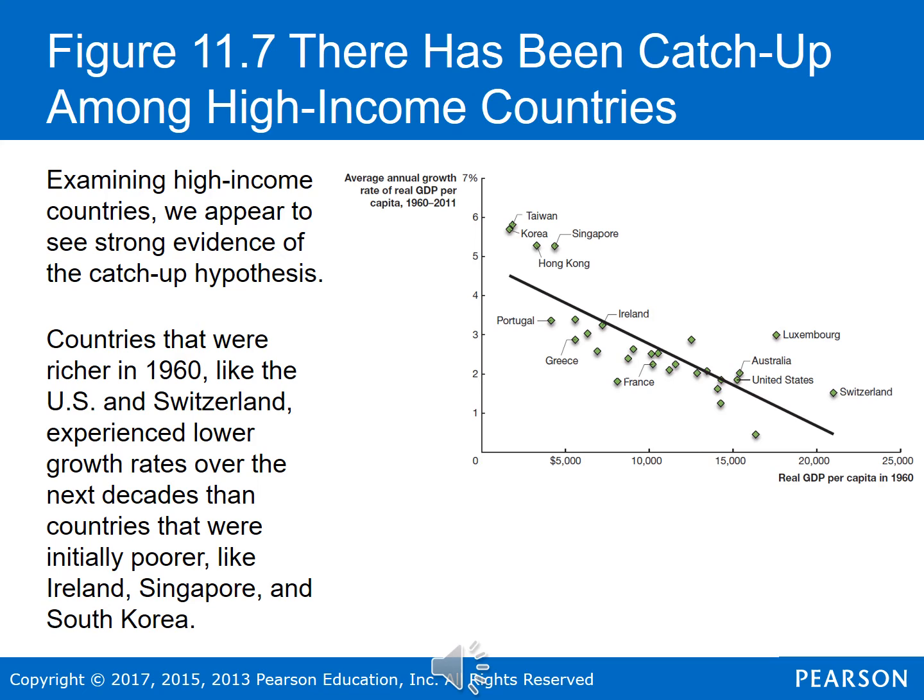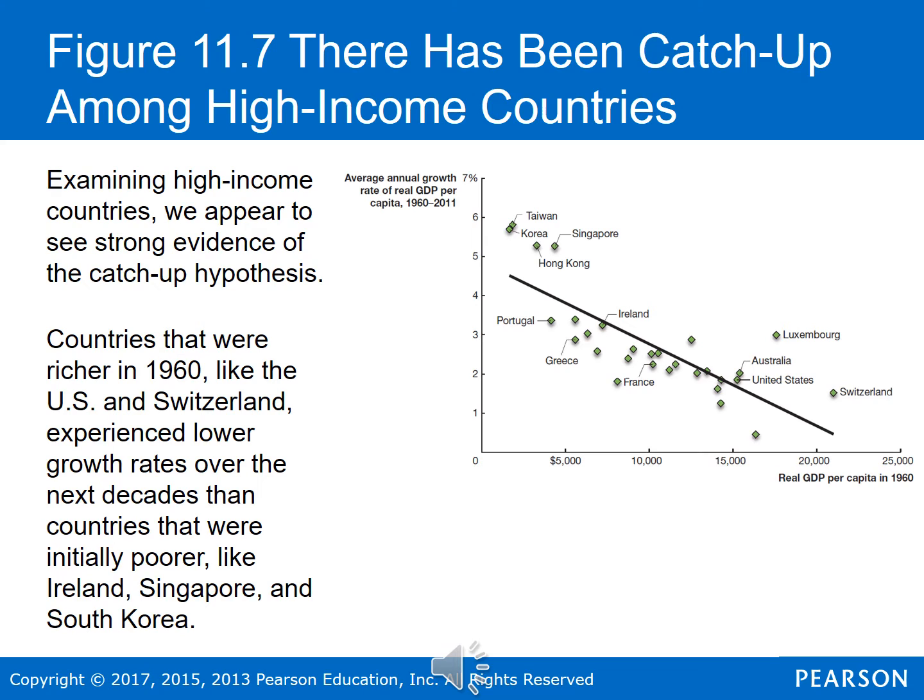If we look at high-income countries, we appear to see strong evidence of this catch-up hypothesis. So we can see convergence across these high-income countries. Countries like Korea, Singapore, Taiwan, and Hong Kong that had the lowest incomes in the 1960s grew at the fastest rate between 1960 and 2014.